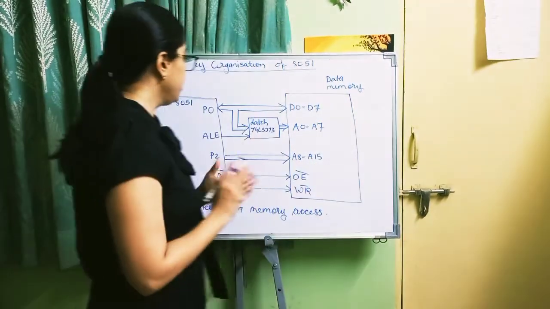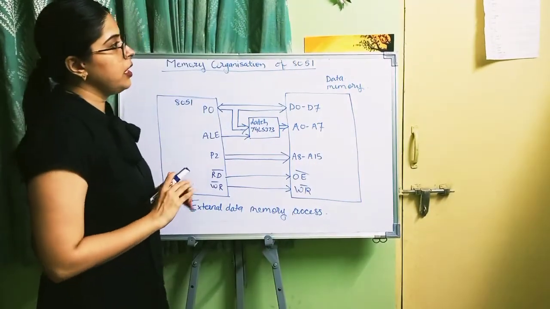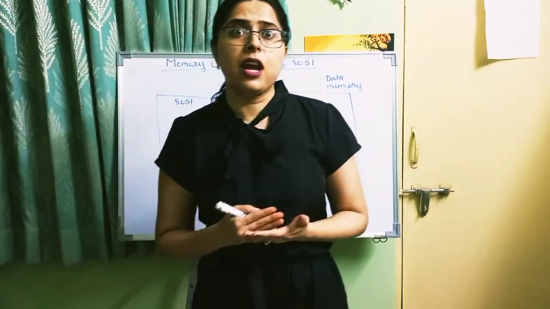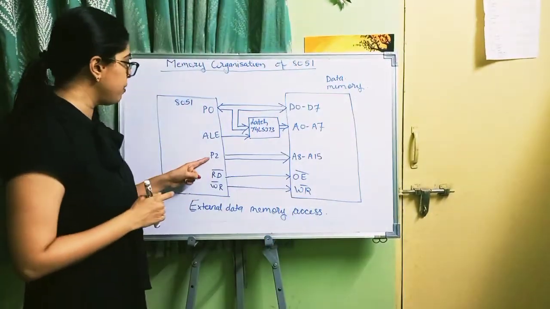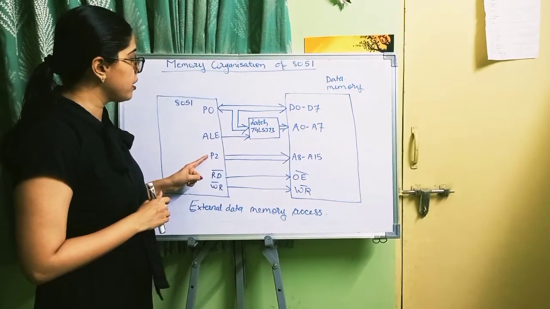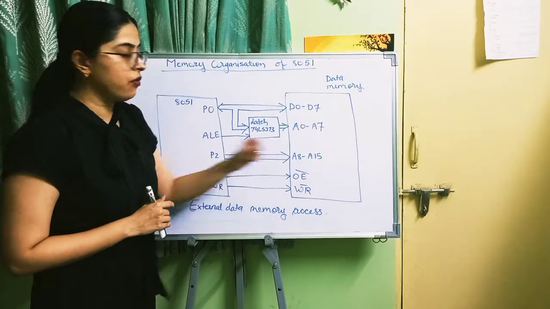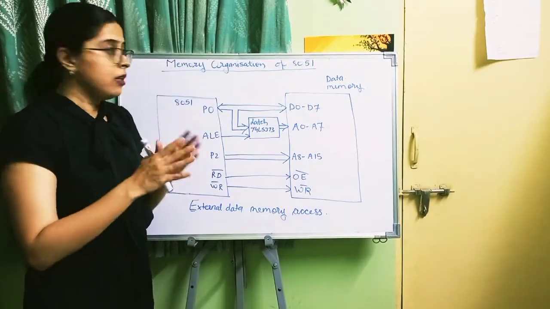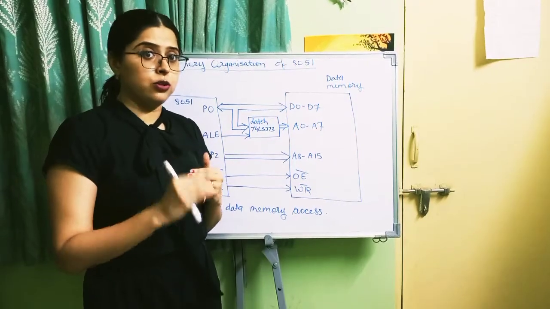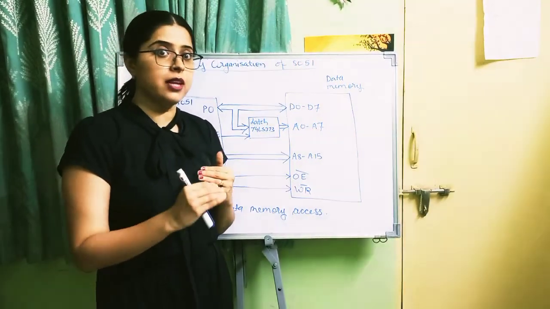Now the DPH, data pointer high. The contents of the data pointer high are held by port 2. So port 2 has the contents of the data pointer high, that is address A8 to A15. In this way, port 0 and port 2 are used in external data memory access also.